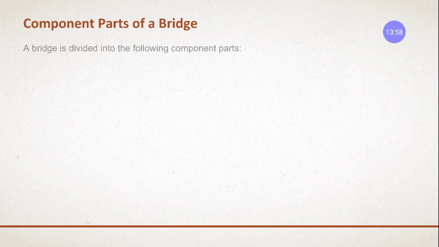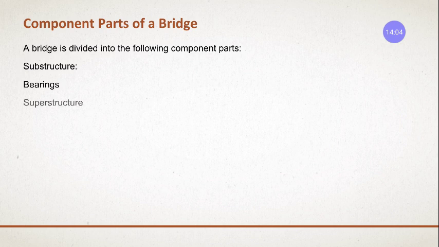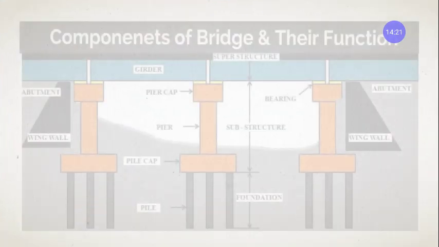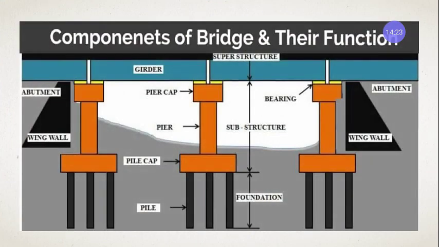Next are the components of a bridge. First is the substructure, then bearings, superstructure, and ancillary works such as protective works. Protective works come under the ancillary works. So what are the components?